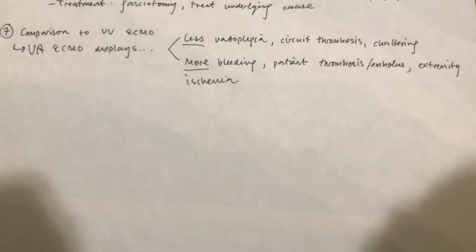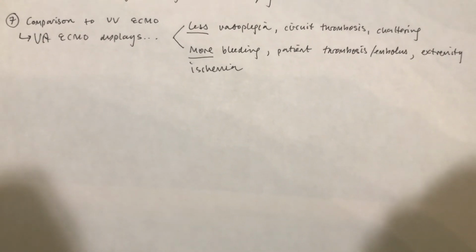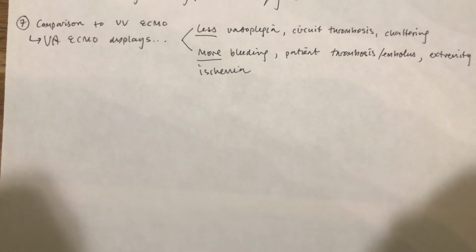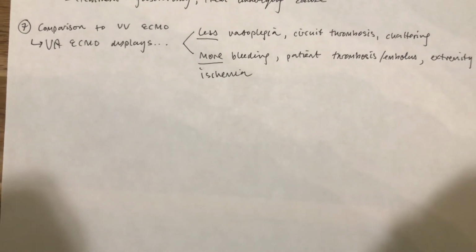So in VA ECMO, you generally see less vasoplegia, and this is because cardiogenic shock is the dominant shock phenotype. The distributive shock or vasoplegia is probably there, you just don't see it as much, or it's just not clinically meaningful.